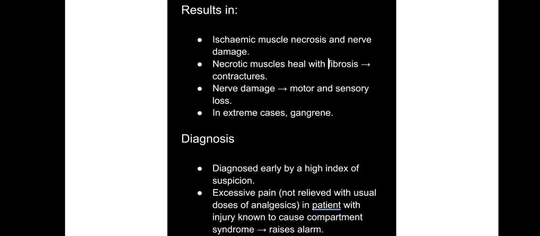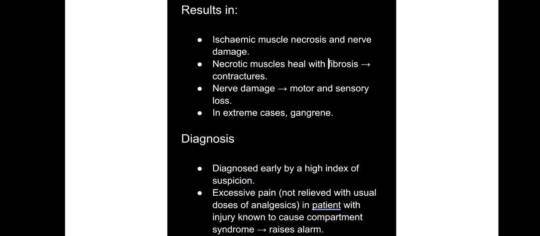It can result in ischemic muscle necrosis and nerve damage. Necrotic muscles heal with fibrosis, which results in a contracture. So contracture means irreversible tightness of the soft tissue. Nerve damage can lead to motor and sensory loss. There will be muscular weakness and sensory loss. And in extreme cases, there is gangrene.